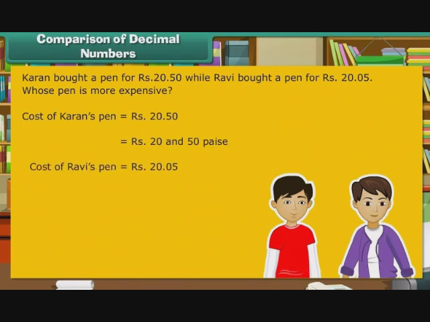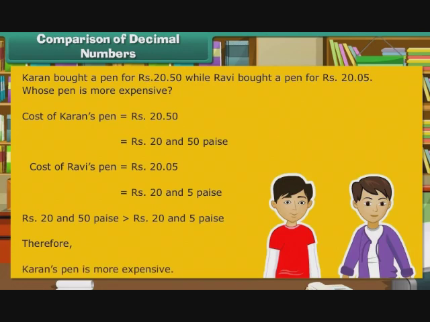Cost of Ravi's pen is equal to rupees 20.05. That is equal to rupees 20 and 5 paise. Rupees 20 and 50 paise is greater than rupees 20 and 5 paise. Therefore, Karan's pen is more expensive.